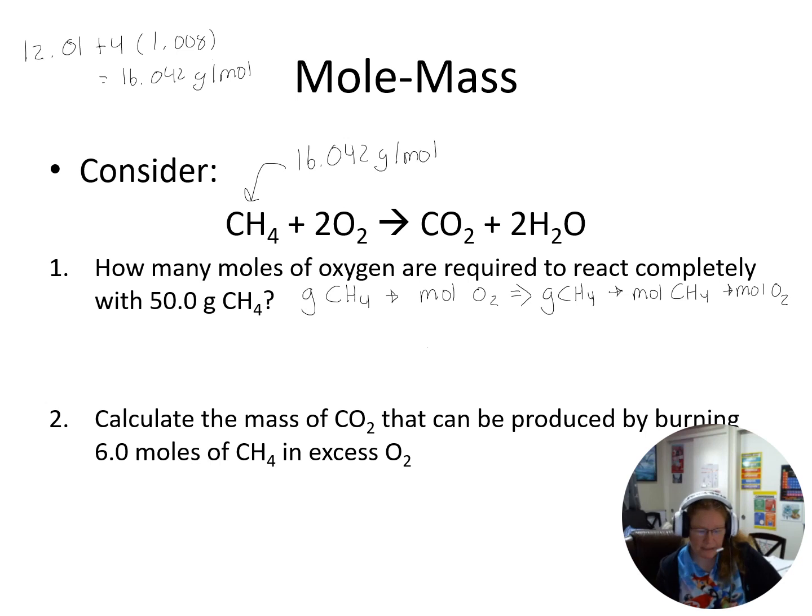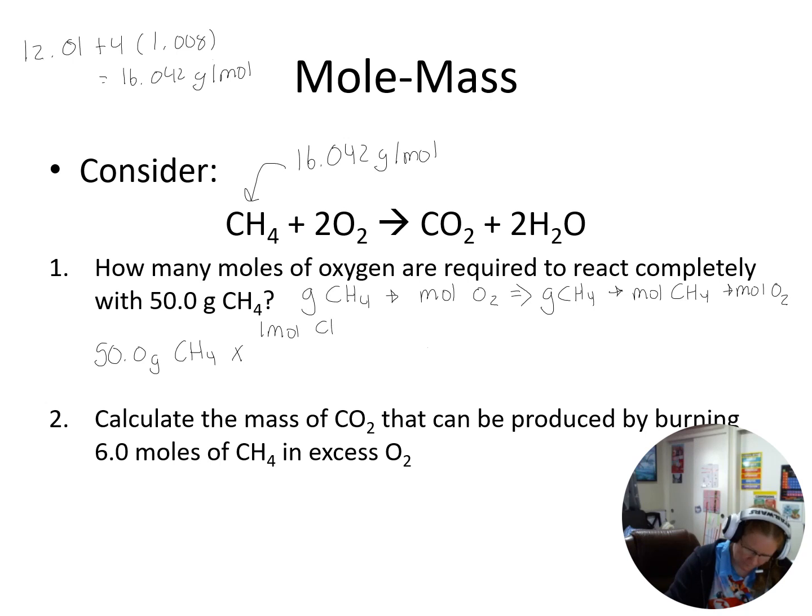Okay, so now I can solve my problem. All right, so we're going to do 50 grams of methane, 1 mole in our 16.042. And then we're going to do 2 moles of oxygen for every 1 mole methane.